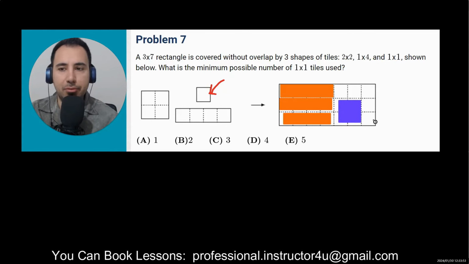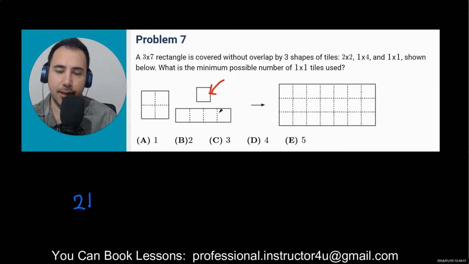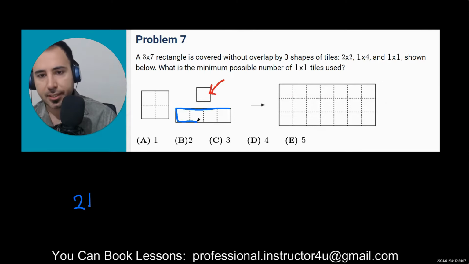But there's also something else. We could think about it like that. So how many empty squares do we have here? 3 by 7. A total of 3 times 7, 21. So every time I put one of these here, for example, I put it here.